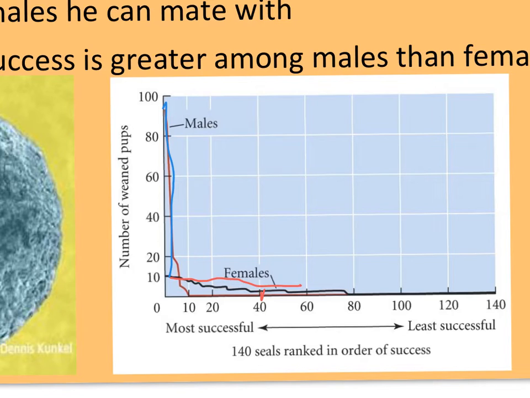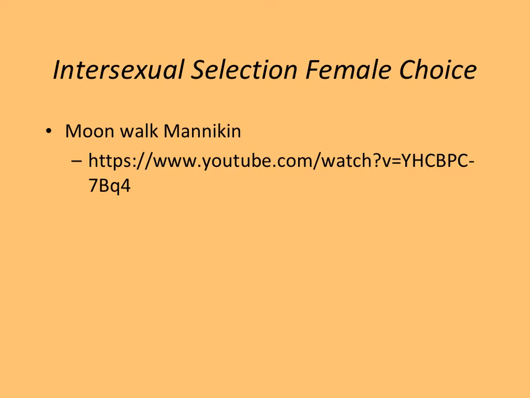But a few males are the best, all the way out here, and they father most of the pups. So there's a big asymmetry in how many offspring each sex can produce. But what kind of sexual selection is that? Intra or inter? Inter. Female choice.